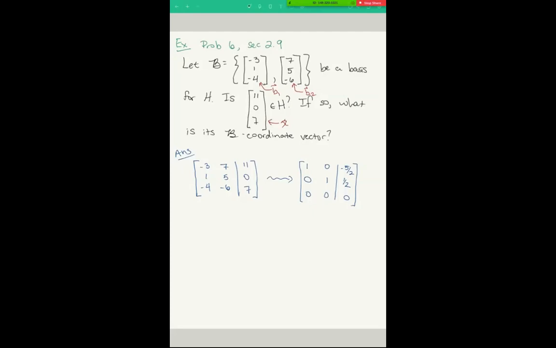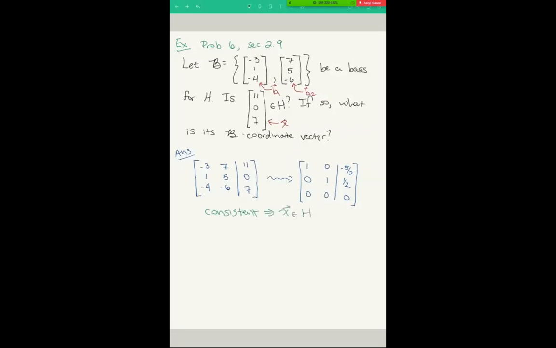So how do we figure out if our system is consistent? We go ahead and put it in an augmented matrix and put it into reduced echelon form. So that's what I've done down here for you in the blue. Is the system consistent? It is. This system is consistent, and so what does that mean? That means that our vector x is, in fact, in H.